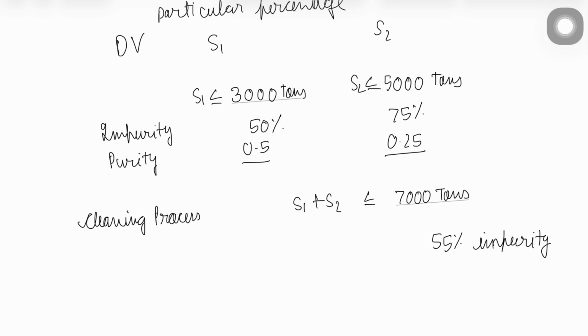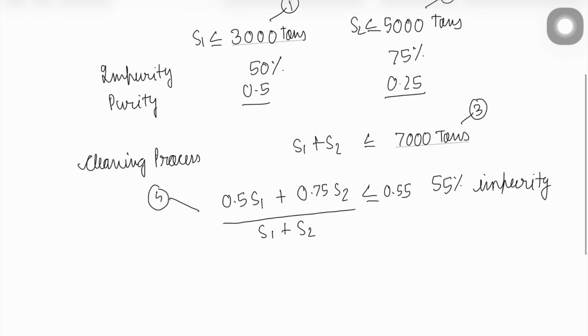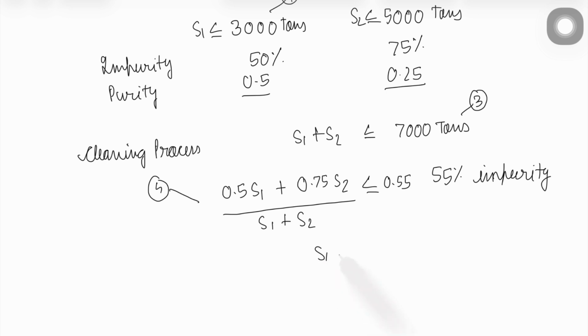Here we know that we get 0.5 S1 impurity and we get 0.75 impurity from S2, and the weight of the whole mixture is S1 plus S2, and this should be less than equal to 0.55. So our constraints are 1, 2, 3 and 4. Now it is obvious that S1 and S2 should be greater than equal to 0.